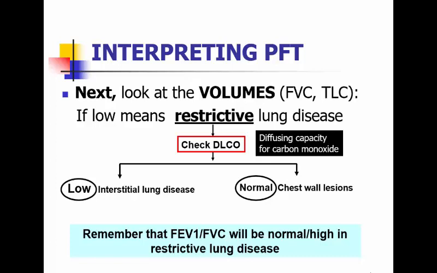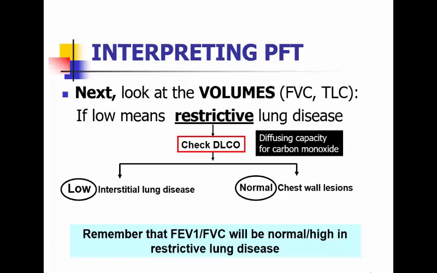You cannot tell that the patient has restrictive lung disease without the total lung capacity. So you cannot say this based on spirometry in an outpatient. That will not help you to determine the total lung capacity, and this is the only way that you say that the patient has a restrictive lung disease.